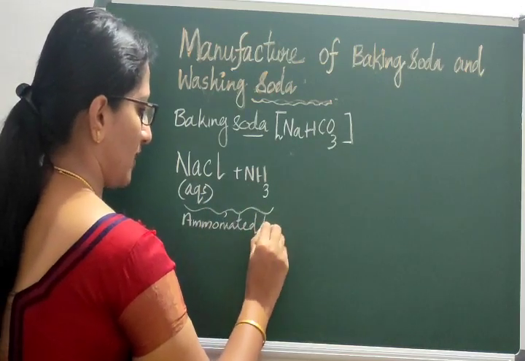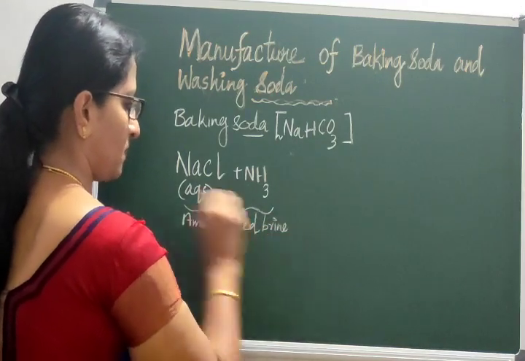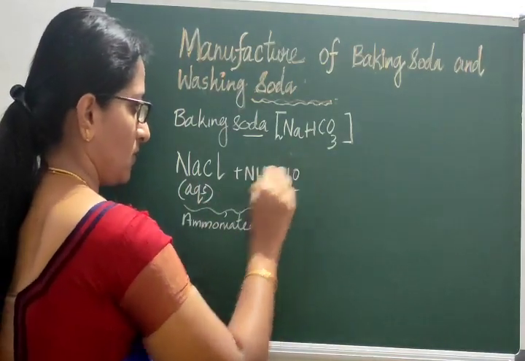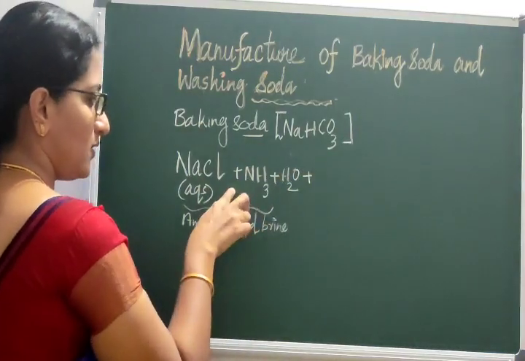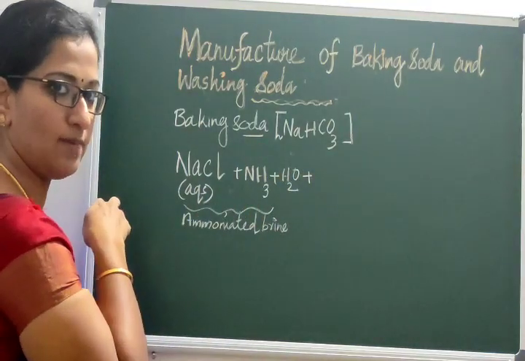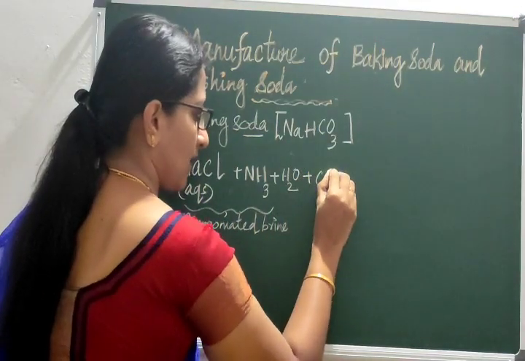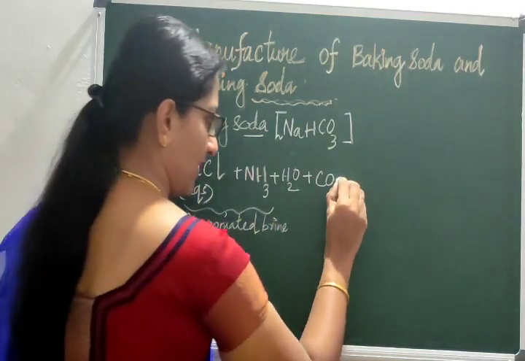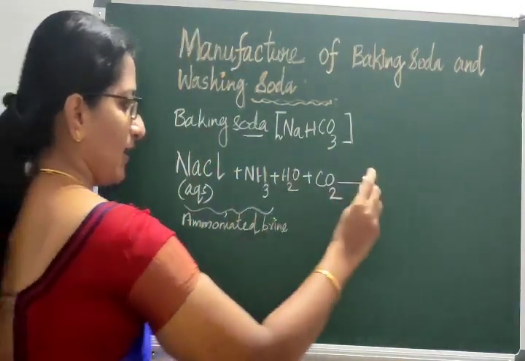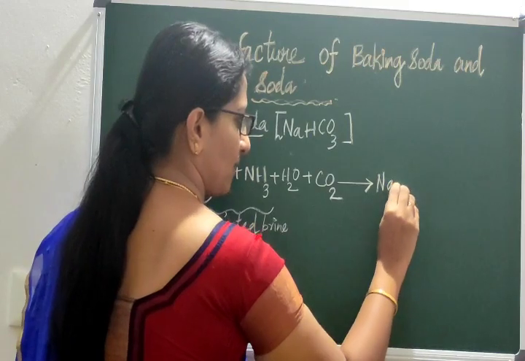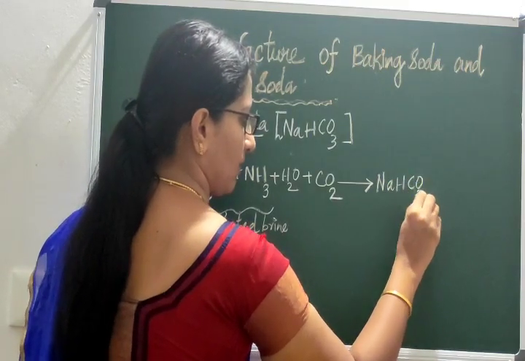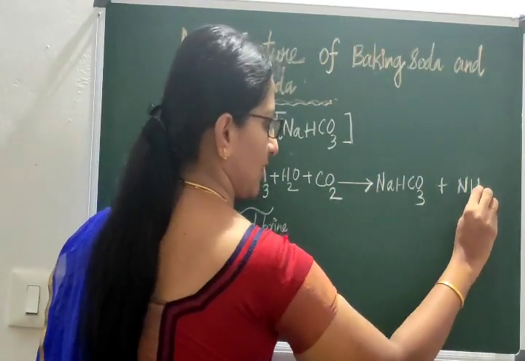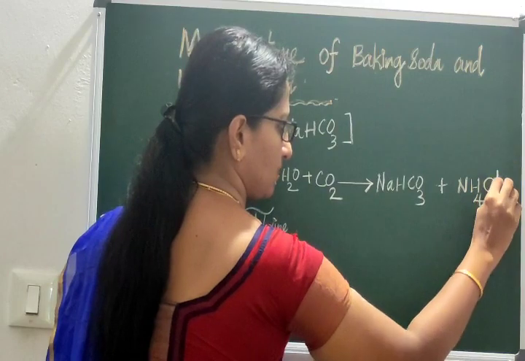There will be water also, since it is aqueous. To this ammoniated brine solution, you have to pass carbon dioxide gas. When you pass carbon dioxide, you will get sodium bicarbonate, baking soda. Along with this, you will get another salt, that is ammonium chloride.